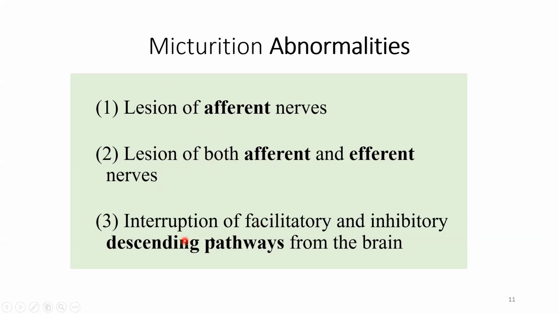However, the descending pathways are severed, which I mentioned a while ago. Any lesion completely transecting the spinal cord above the sacral region will interrupt those facilitatory and inhibitory signals, very important ones coming down from the brain. And you can infer quickly what will happen in this case.